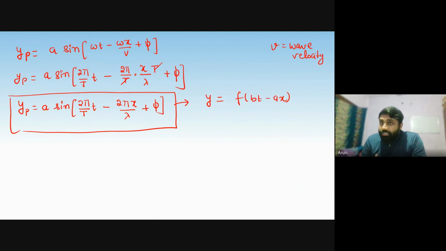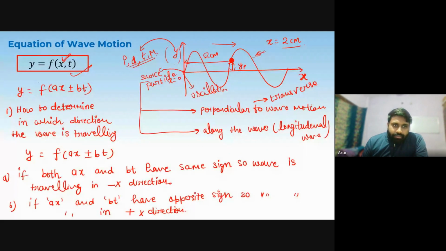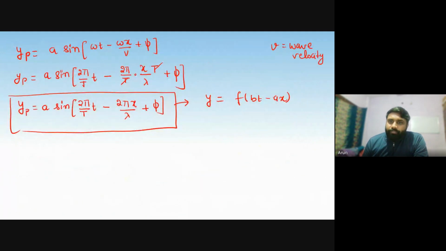So I have told you in the very first slide, let me show you, if both ax and bt have the same sign, the wave is traveling in negative direction. And if ax and bt have opposite sign, they are traveling in positive x direction. So tell me, in which direction is the wave traveling? By looking at this expression, consider 2 pi by T as b and 2 pi by lambda as a.